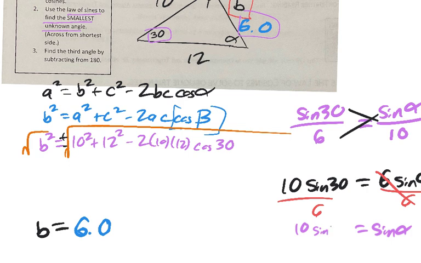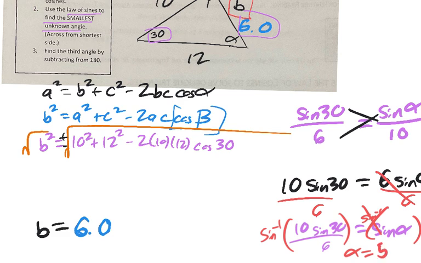I'm still going to leave it over 6. Then we're going to take the inverse sine of both sides. So alpha equals 56.44. So we're going to go 56.4.